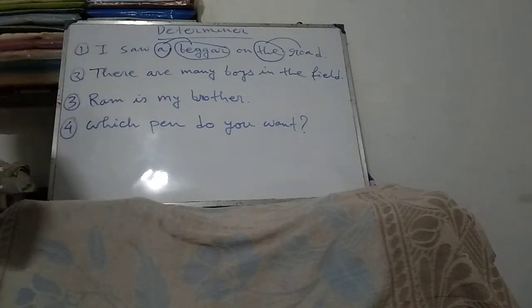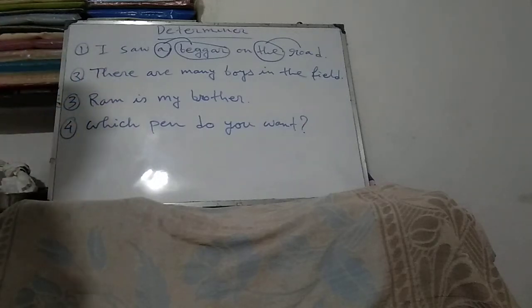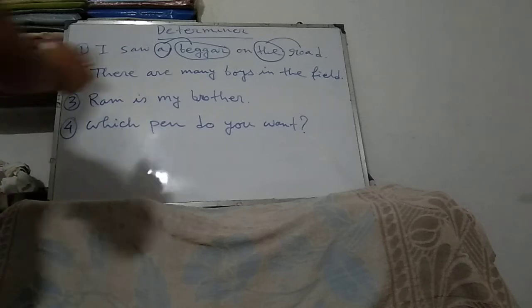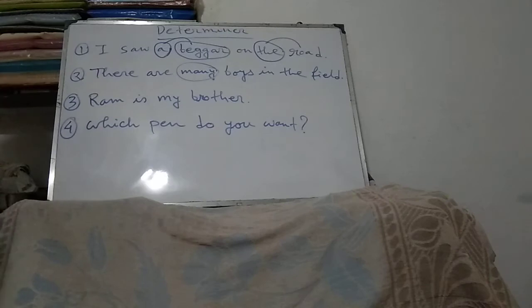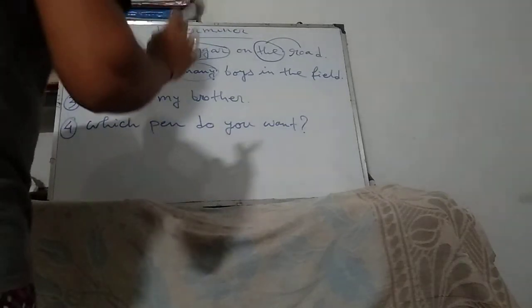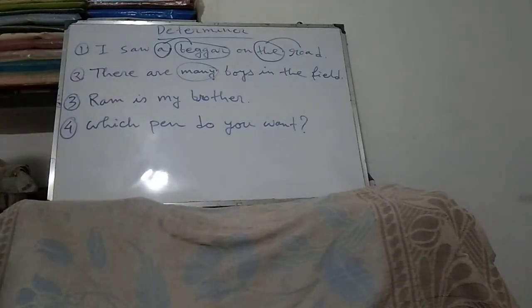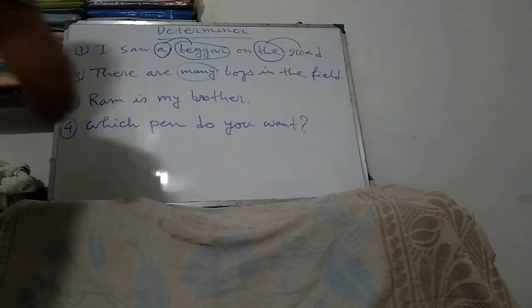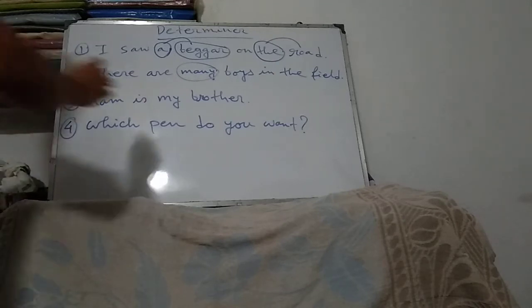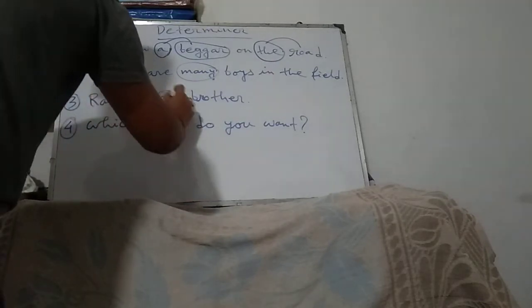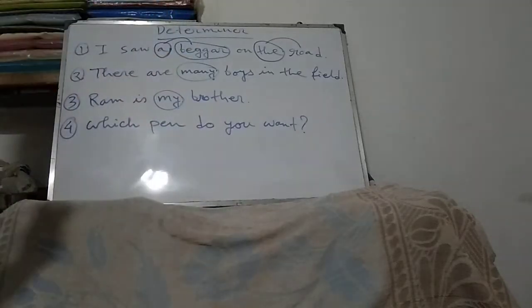In the next example, example 2, there are many boys in the field. Here many is indicating number. And in example number 3, Ram is my brother. Here my is indicating possession or relationship.